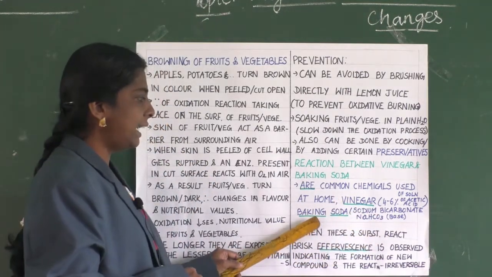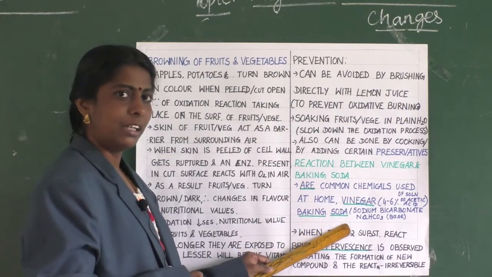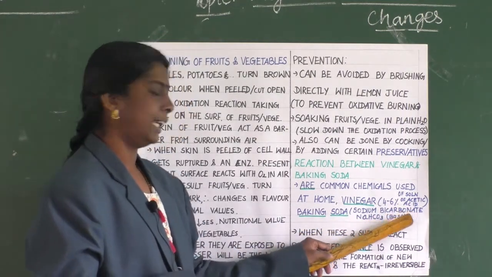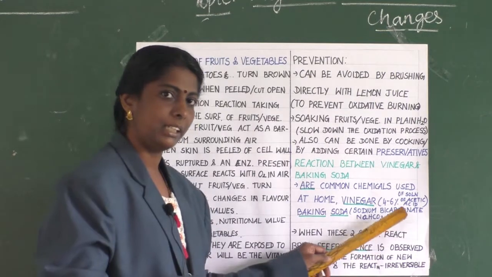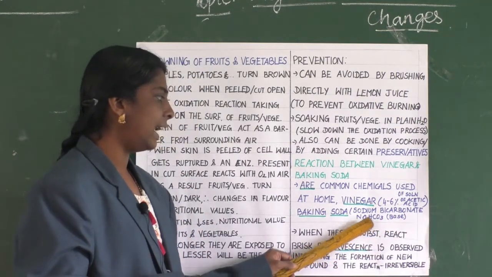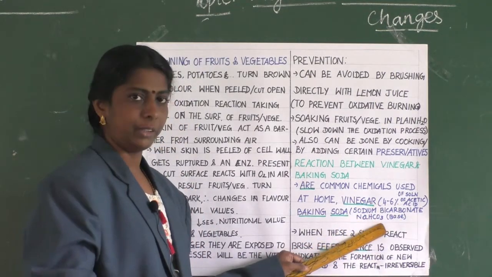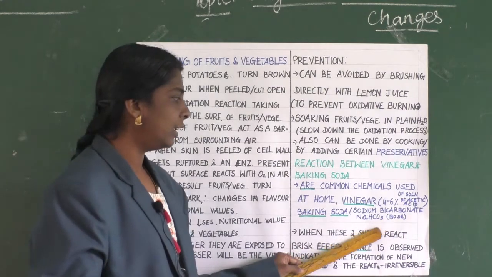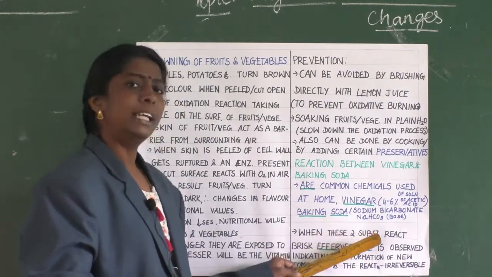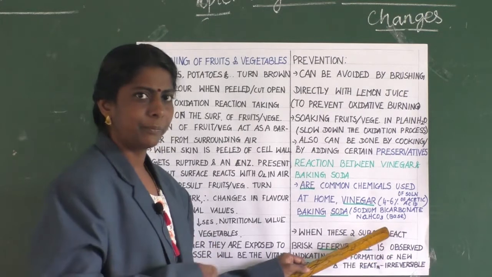Then next thing, baking soda. So what is baking soda? Sodium bicarbonate. The molecular formula is NaHCO3. This sodium bicarbonate is basically a base.